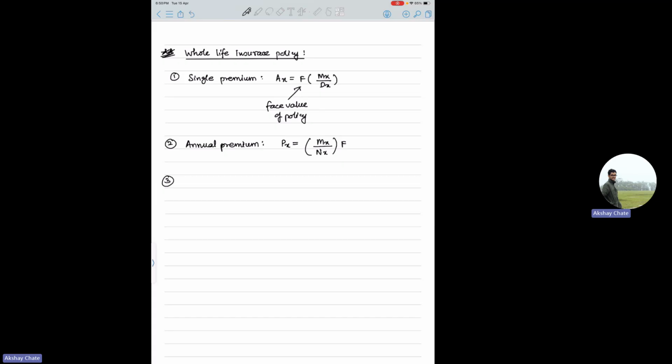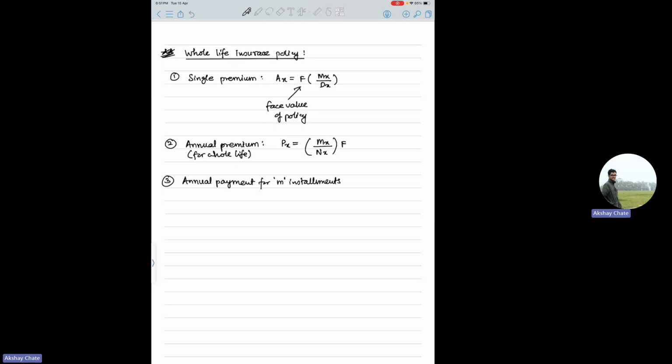Third is, you don't want to do annual payment for whole life. You want to do it only for a certain number of payments, for M payments or M installments. Okay.